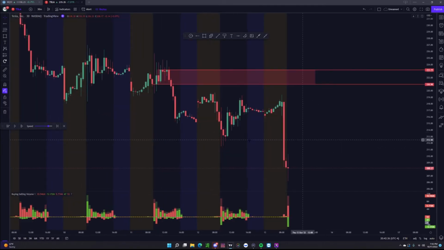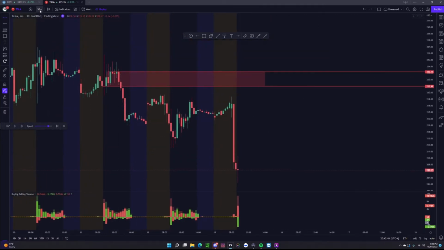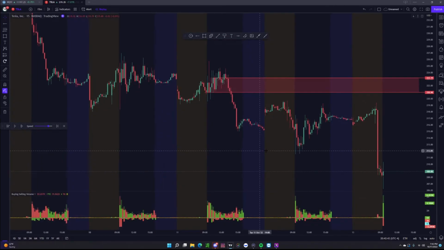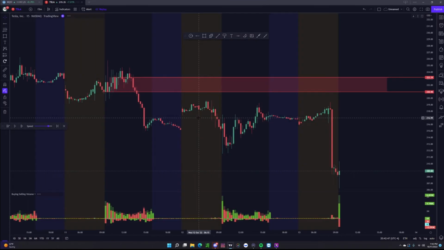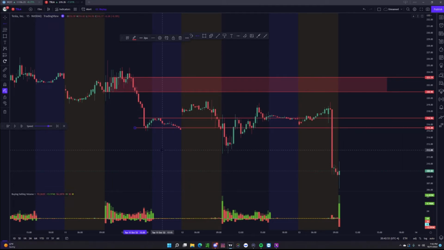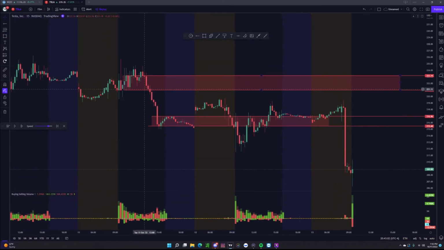So let's see. Let's go to a 15-minute here. So you could theoretically consider this a market imbalance. You don't have really too much to work with here, but there's a lot of selling.